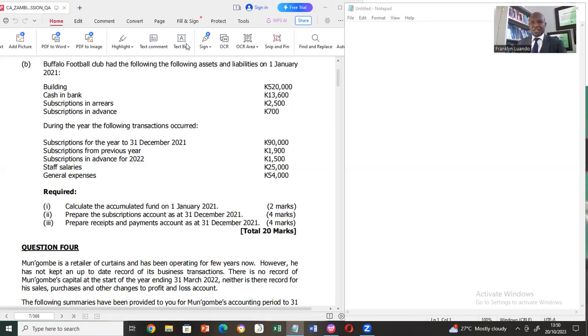Let me just get started by defining non-profit-making organizations. Non-profit-making organizations are those organizations which exist to provide a service to their members and not to make a profit. We have a number of examples, such as clubs.